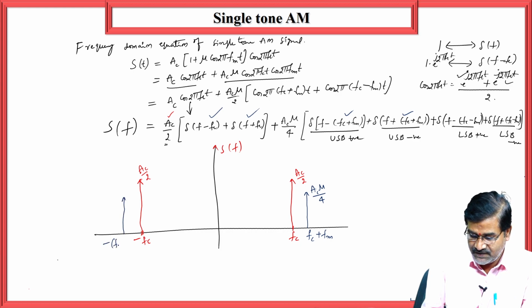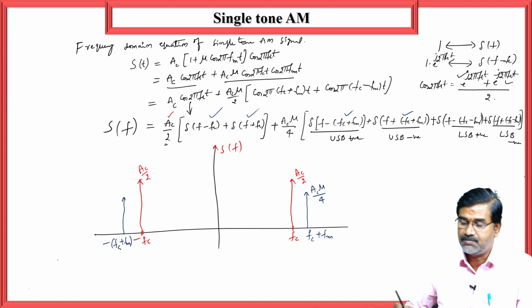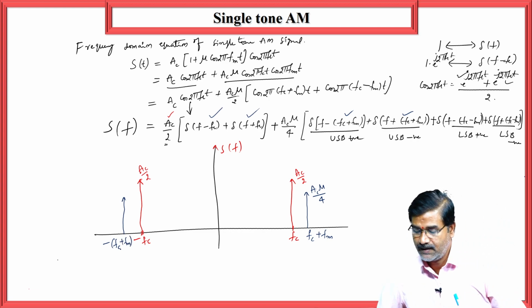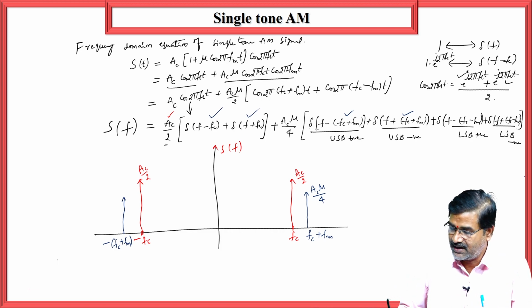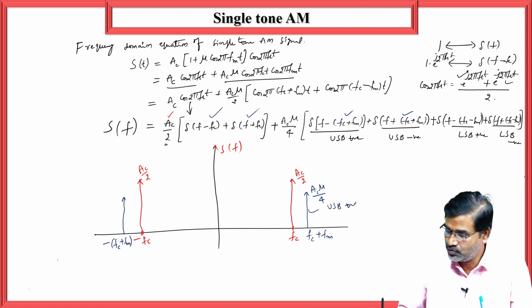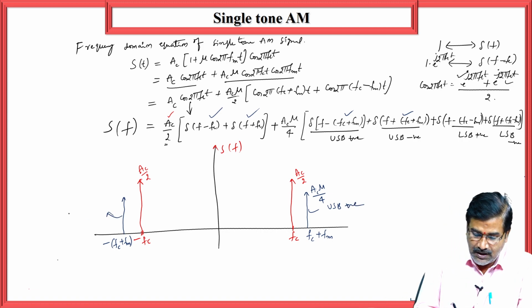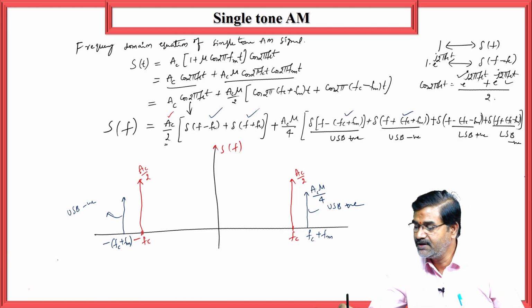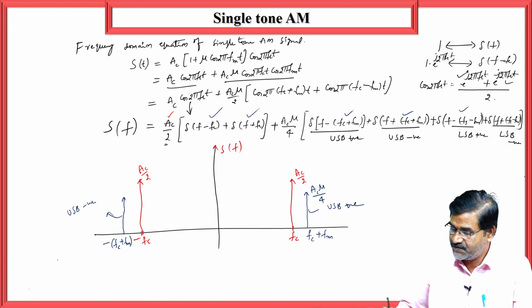This is minus of fc plus fm. Right? So this we'll call it as upper sideband positive component. This will be upper sideband negative frequency component. Now coming to this next component, fc minus fm will be less than this fc.